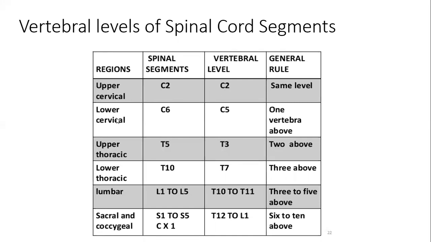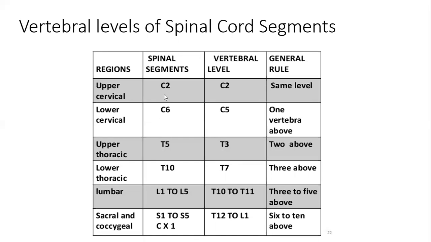Okay. What about in the lower cervical regions? At the level of the fifth cervical vertebra, we have which segment of the spinal cord? Sixth cervical segment. So we have one vertebra above a spinal segment. I hope you have understood this point. Let me repeat.